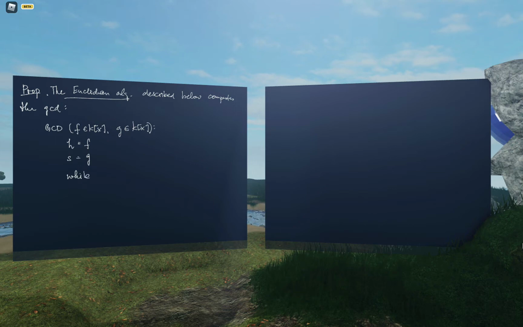So s keeps getting smaller and smaller, and we check whether it's 0. If it's not 0, we do a bunch of stuff. If it is 0, we end the algorithm and output h. So r is going to be the remainder of h and s, sorry, f and g, or rather h and s. This is the r term from the division algorithm.